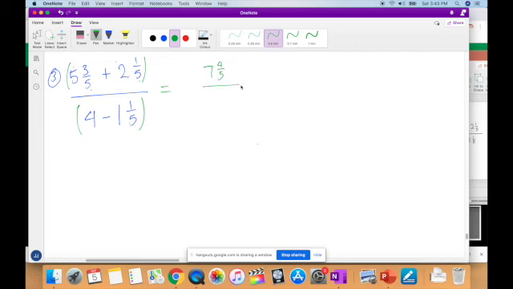Alright, yeah. Now, at the same time, this bottom one, a lot of you guys would have probably wanted to change this to an improper fraction and then put this as 4/1, but you don't really have to do that. You could use reasoning. You could say, well, if I had a pizza with 4 slices and Caitlin ate 1, then I'm going to have 3 slices, and so what if Caitlin ate more than 1?